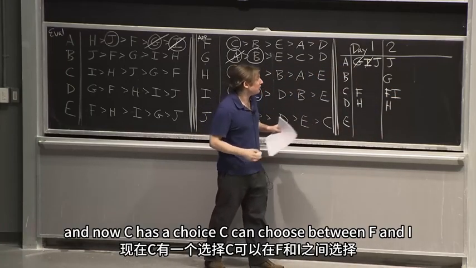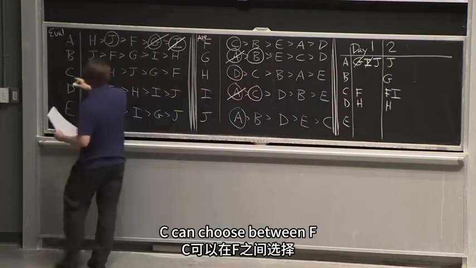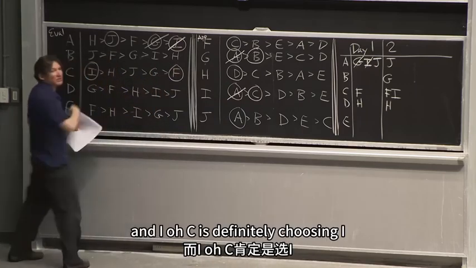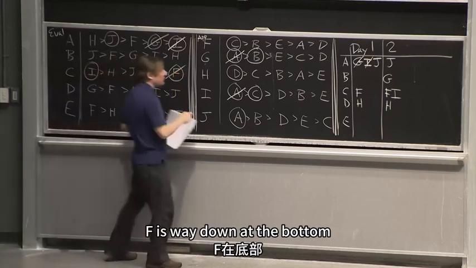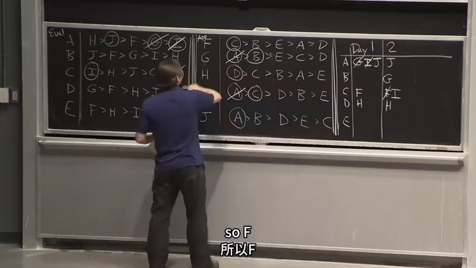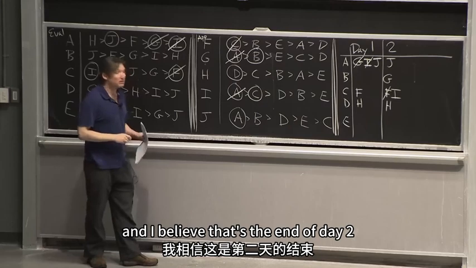And now C has a choice. C can choose between F and I. Oh, C is definitely choosing I. F is way down at the bottom. So F is sad.